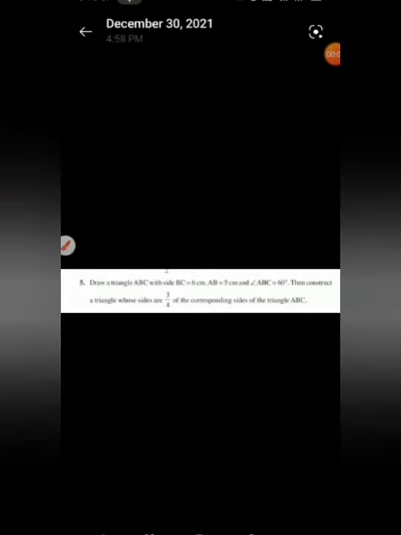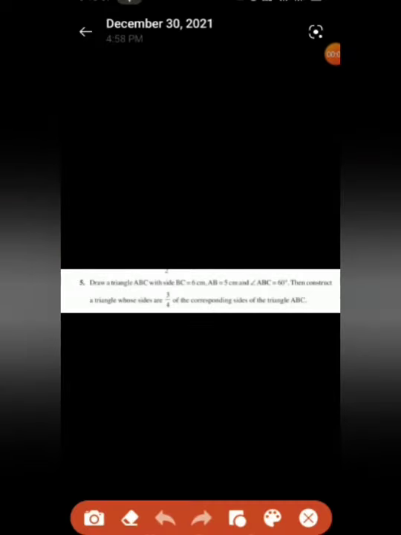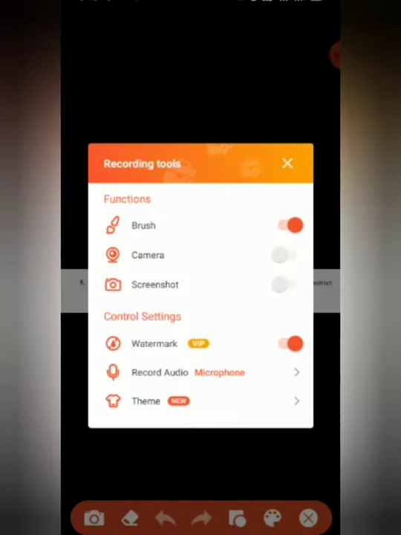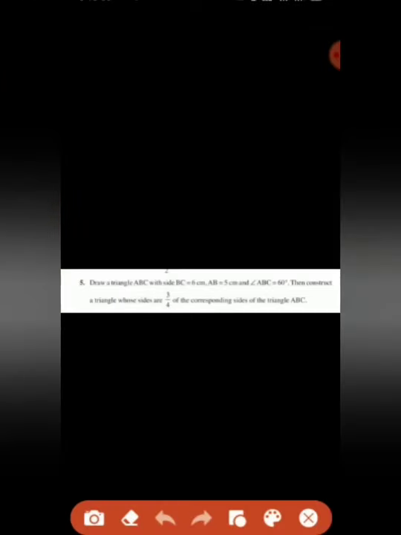So now we shall be doing question number 5 of your NCERT book. The question says that we need to construct a triangle ABC with side BC equal to 6 cm, AB equal to 5 cm, and angle ABC 60 degrees. Then we need to construct another triangle whose sides are 3/4 of the corresponding sides of triangle ABC.